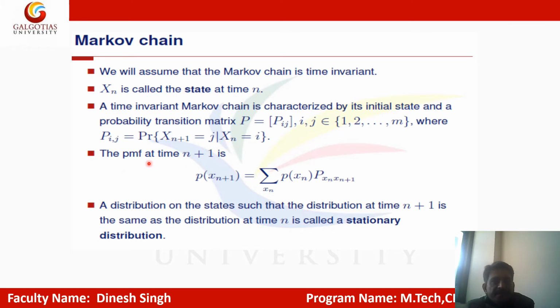So the PMF at time n plus 1 will be the summation of the probability of X of n times the transition probability. A distribution on the states such that the distribution at time n plus 1 is the same as the distribution at time n is called a stationary distribution.